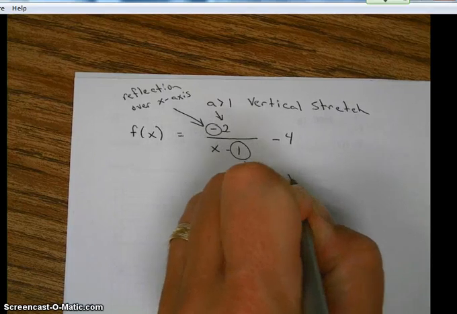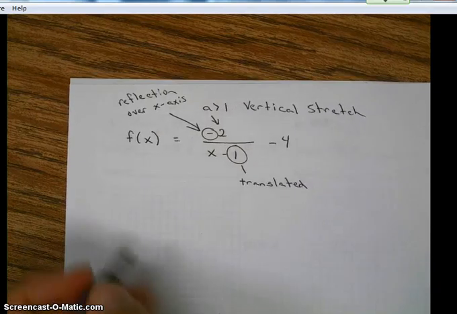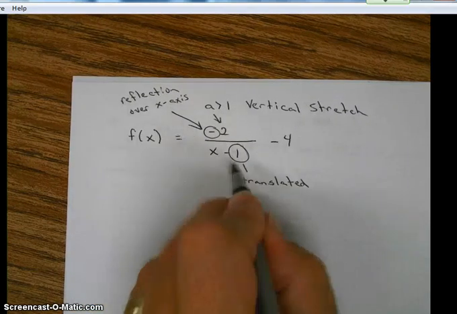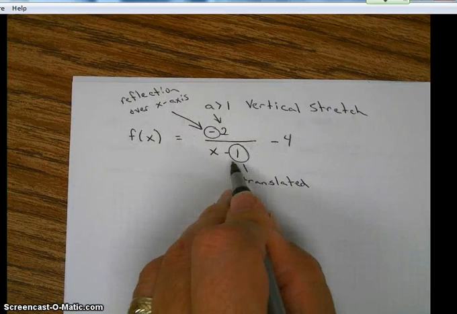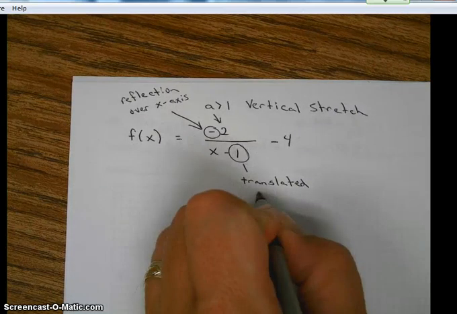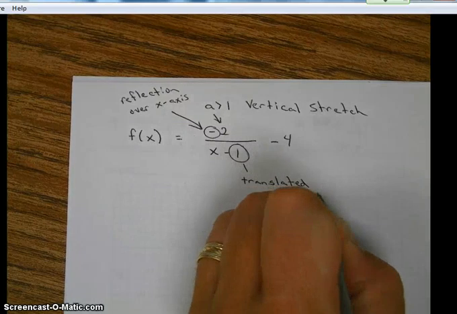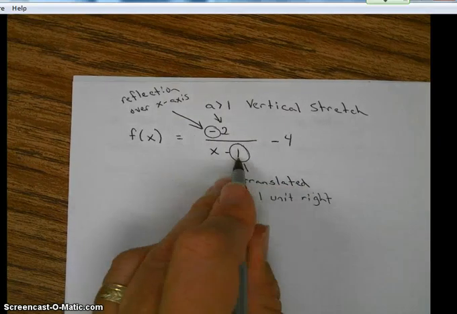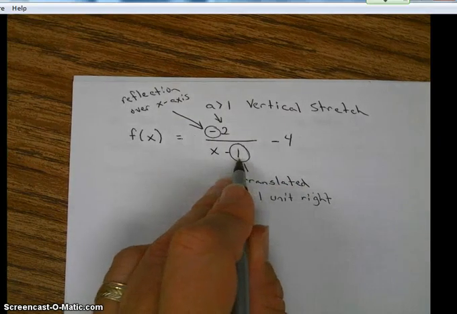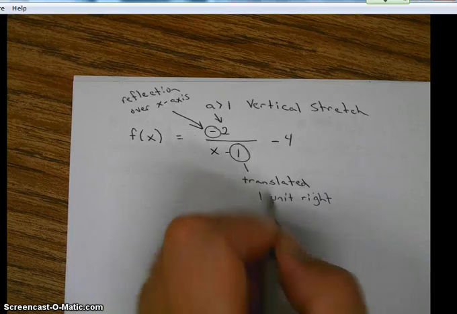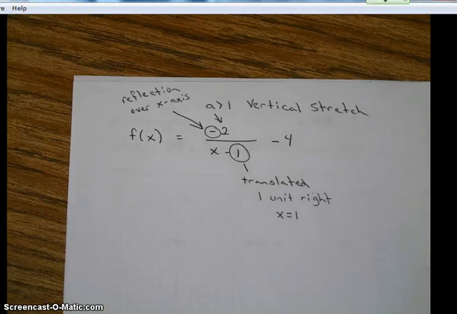Remember, it's always the opposite. This is a group. So when we pull a number out of a group, it's going to be the opposite. So translated 1 unit right. And remember, that's associated with the vertical asymptote. So that would be x equals 1.